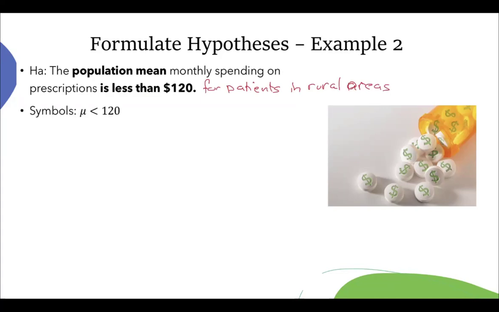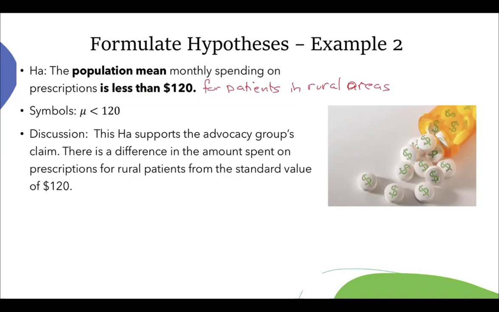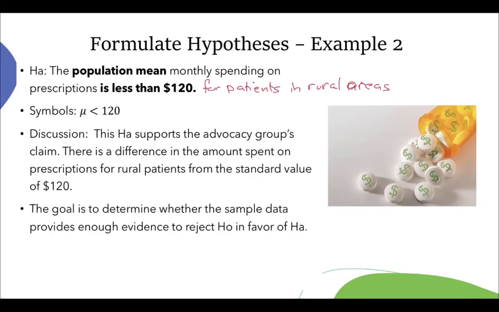Mu less than 120. This HA supports the advocacy group's claim. There is a difference in the amount spent on prescriptions for rural patients from the standard value of 120. The goal is to determine whether the sample data provides enough evidence to reject H0 in favor of HA.